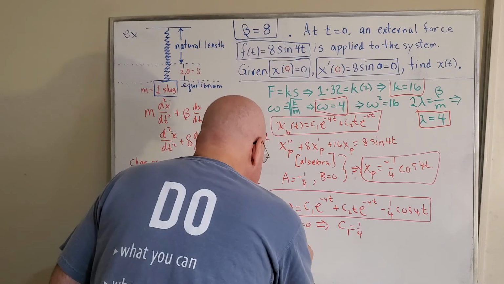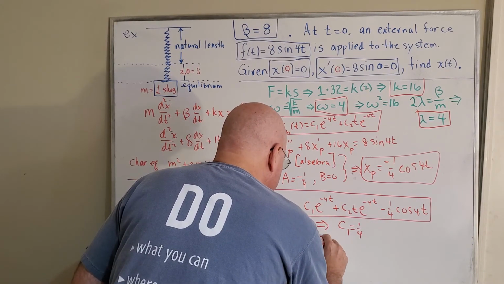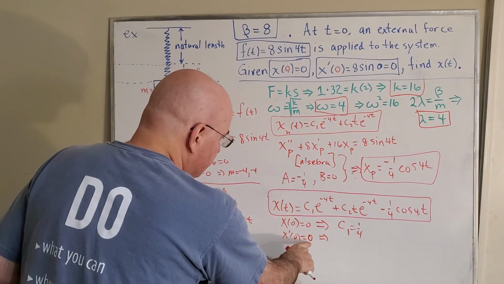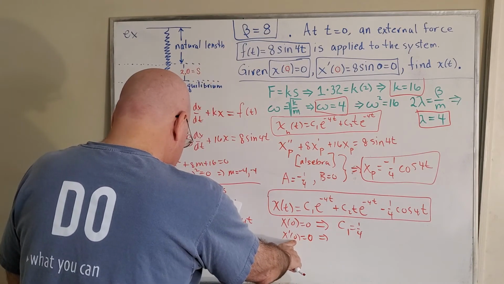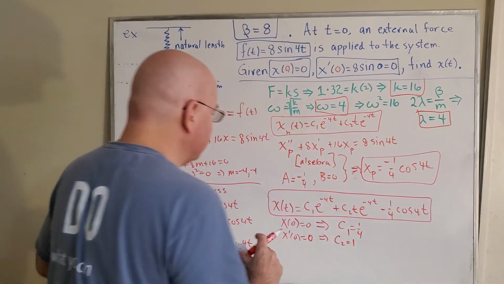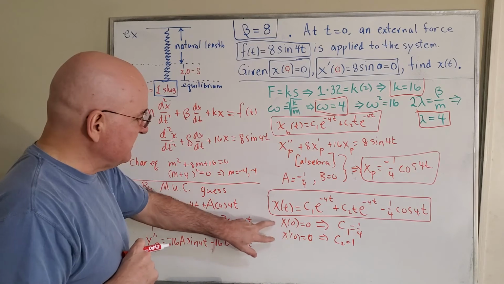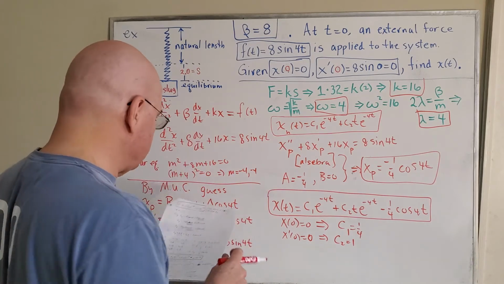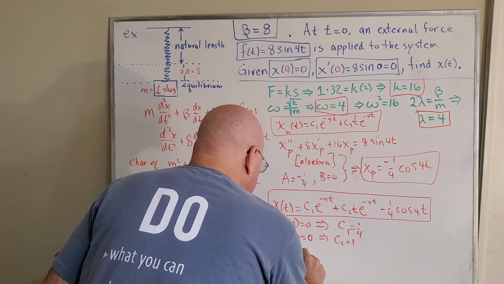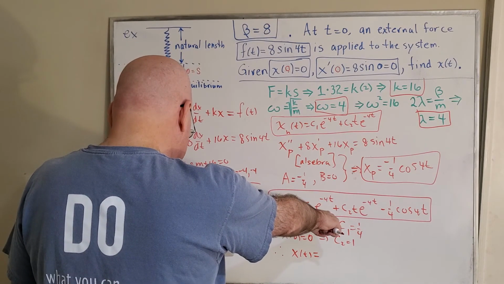And then from x prime of 0 equaling 0, taking the derivative and saying that the derivative is 0 when time is 0, you would get C2 is equal to 1. I left out all the algebra on computing C1 and C2 based upon our two initial conditions. So therefore, the final answer is going to be like this, only plugging in C1 and C2.